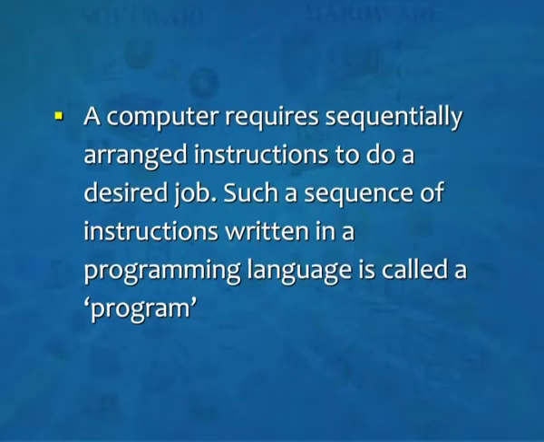But a computer cannot do anything on its own. A computer requires sequentially arranged instructions to do a desired job. Such a sequence of instructions written in a programming language is called a program. It is the program that controls the activities of processing by the computer and the computer performs the job.